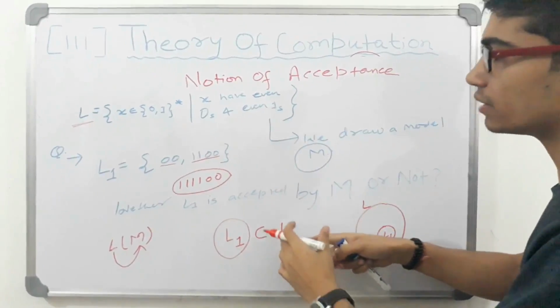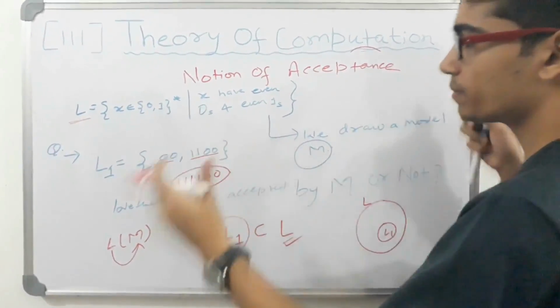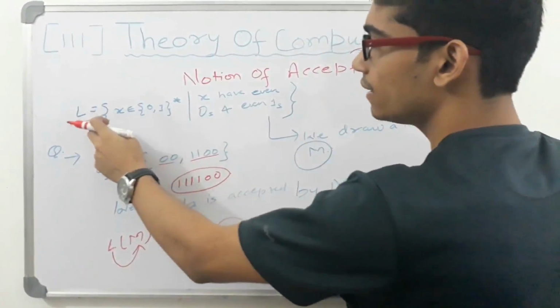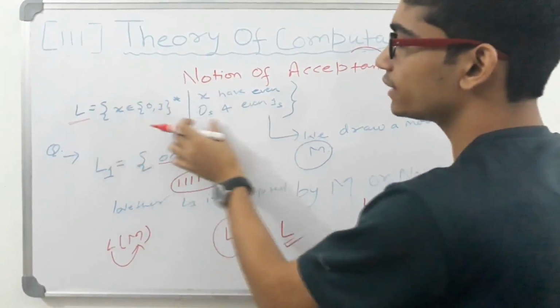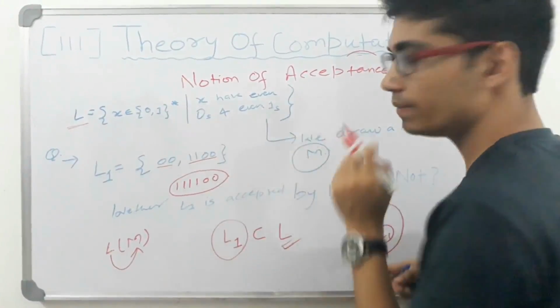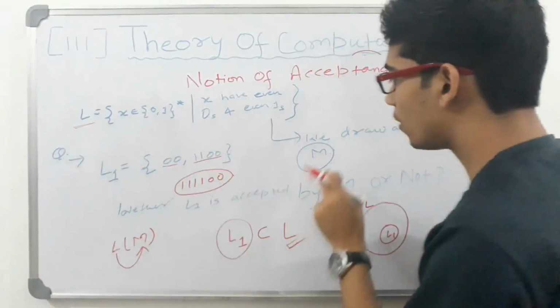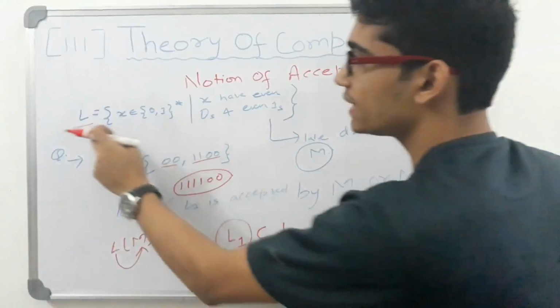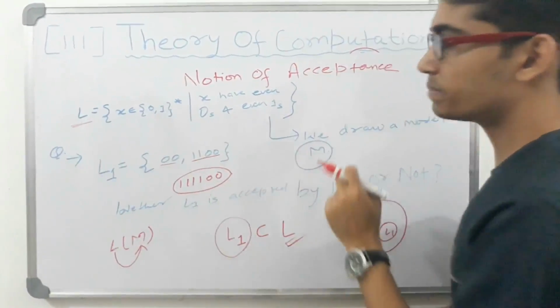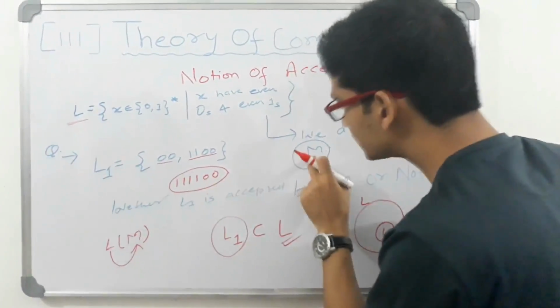It accepts more strings, contained in L. L gives you the complete set of strings that will be accepted, and all other strings not in L will always be rejected by M. So we say that L is accepted by M, and L1 will not be accepted by M.